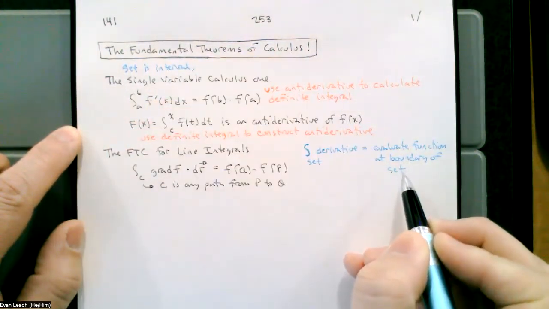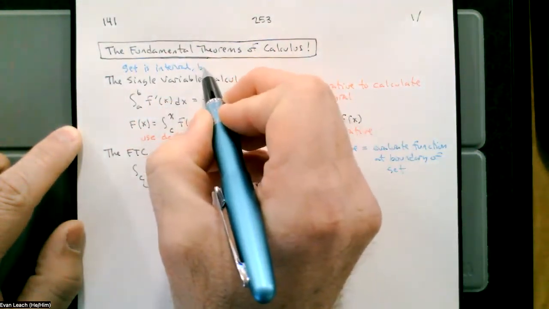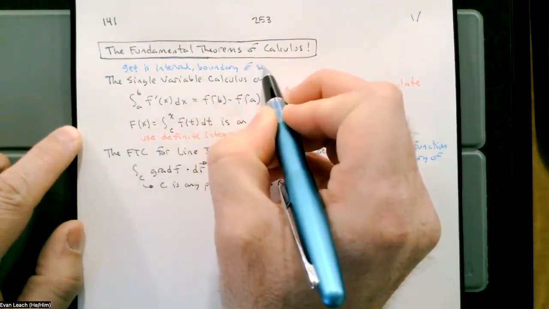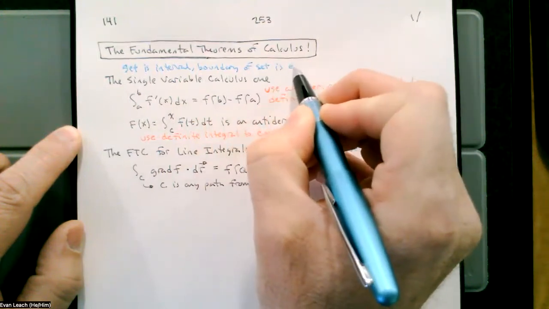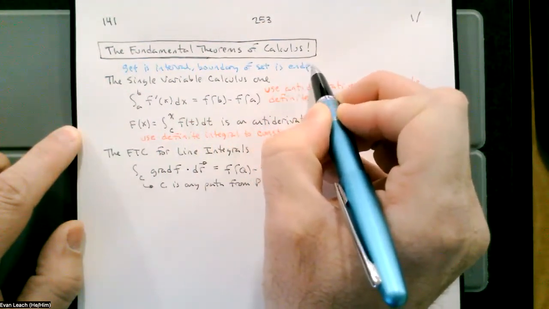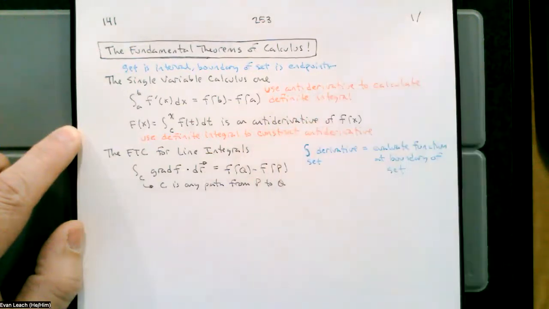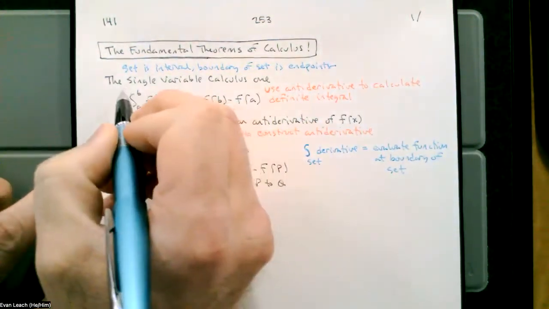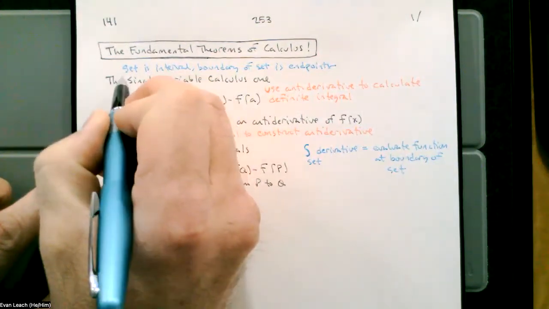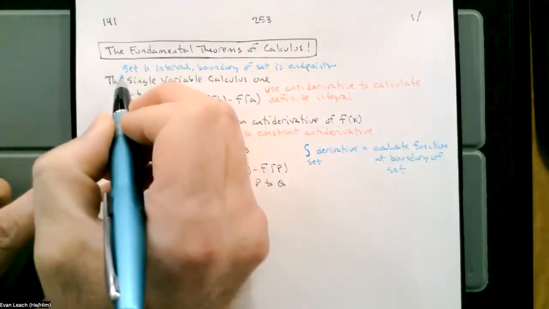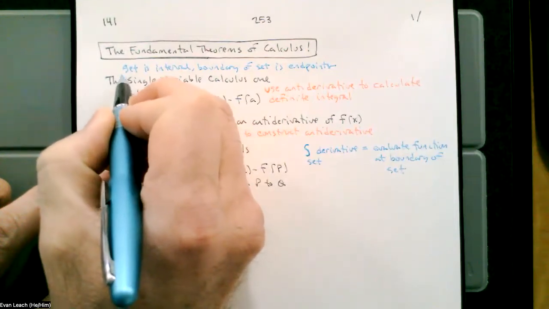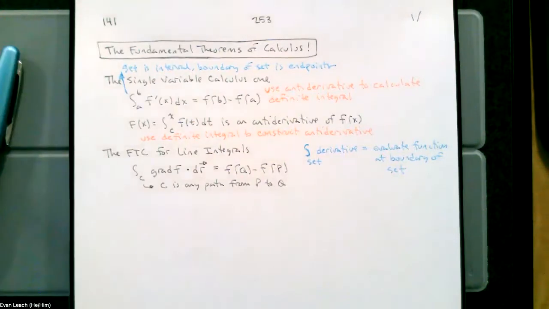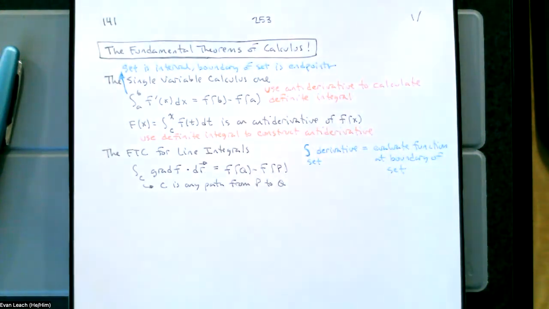The boundary is just the endpoints. So in our single variable fundamental theorem of calculus, the set was just an interval, and the boundary of the set is the endpoints.